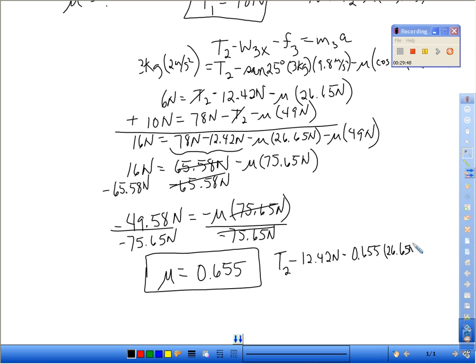And that has to equal 6 newtons. And if you're lost, I'm taking that equation right there and just rewriting it to solve for T2. If I do that correctly, my T2 should be 35.9 newtons.